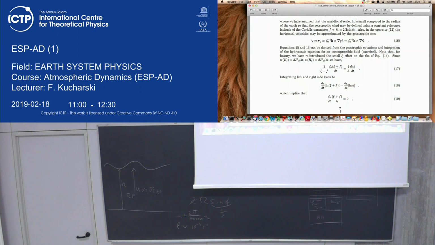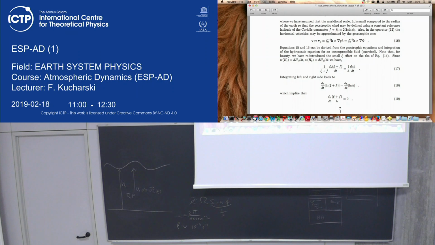And this can be simply explained by the fact that as the air flows against the mountain, let's say we assume that the flow is squeezed between the orography of the mountain and the tropopause, then it has to squeeze down, it spins down.